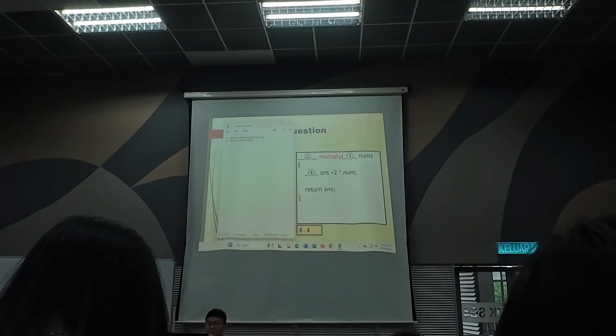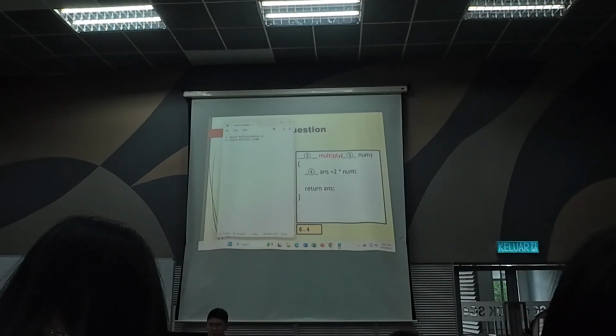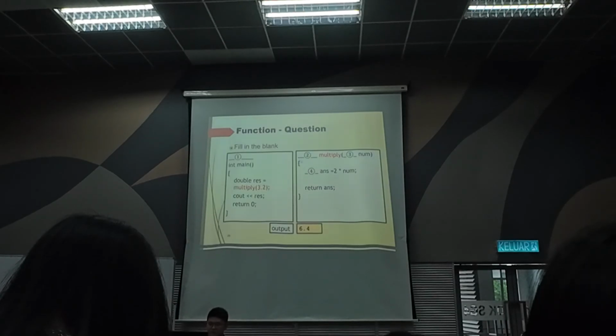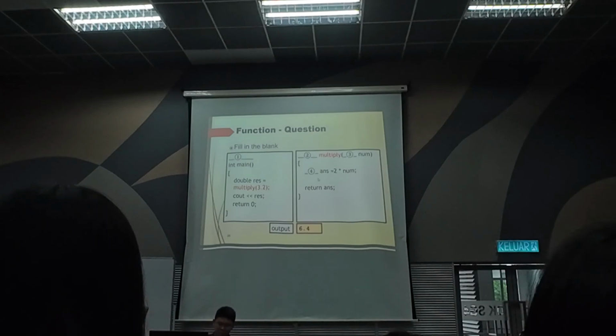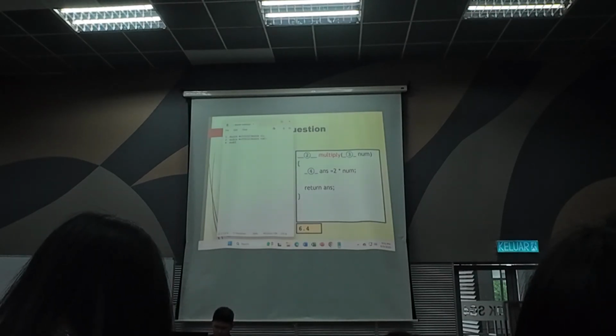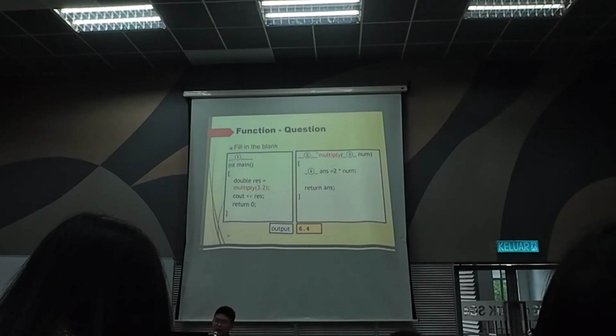The data type, your argument type. Same, double. Right, double y, double num. This is number 3. So for 4, what's this? Double, same. This is also double, okay? Yeah, this is a double type.